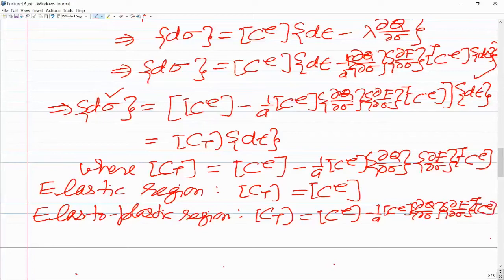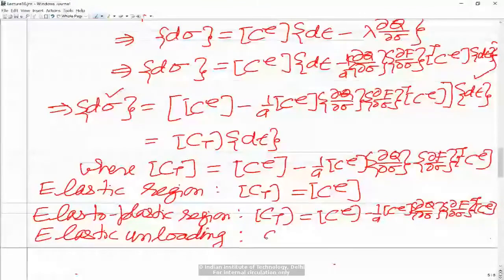This is Ct in that case. And when there is elastic unloading, the relation between incremental stress and strain will be equal to the elastic constitutive matrix.